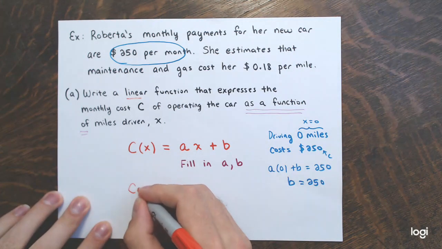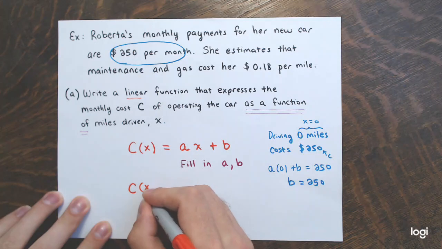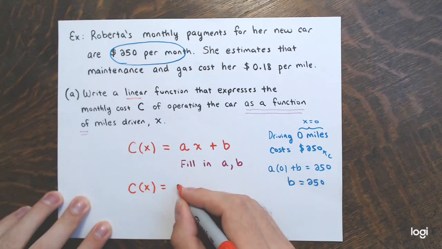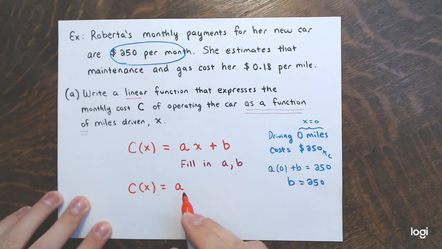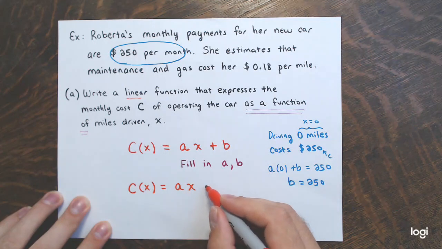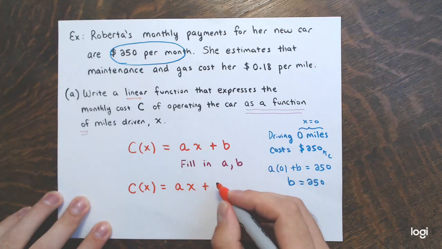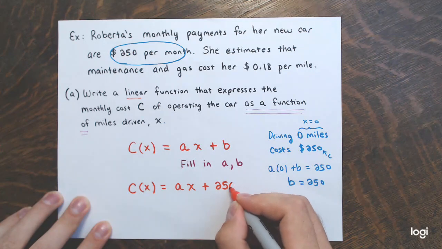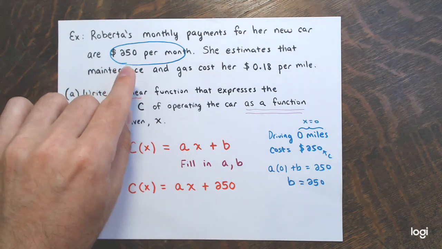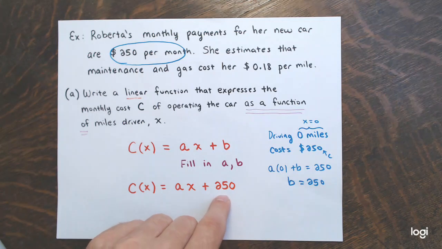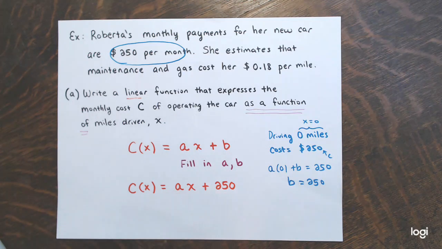All right. So now we have C, the cost of driving x miles in a month, is some value a that I still don't know, times x, plus, and now we know the value of this b must be 250. And that was just the cost of having the car for a month without even driving. All right, now the a, that's the slope, and notice how it's multiplied by miles, right? x is in miles.